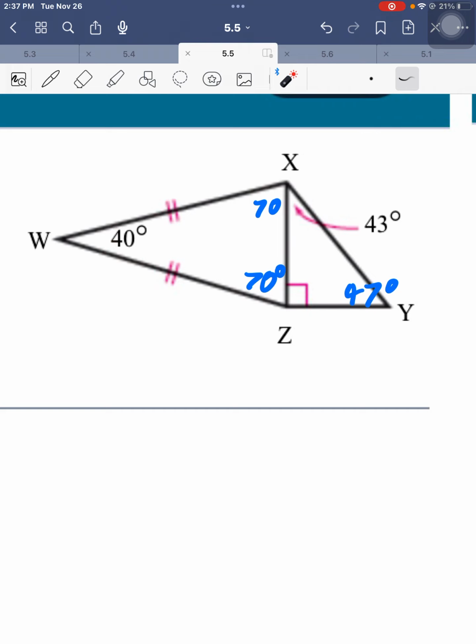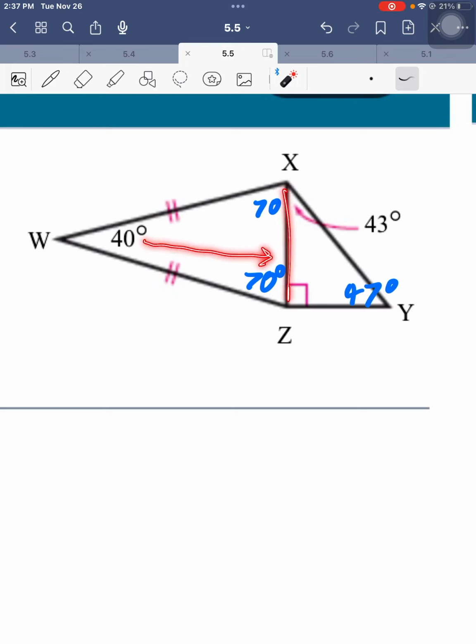So this one is tricky because the shortest angle here is 40. So one would think that XZ is going to be the smallest side. However, remember what I told you guys, that triangles, their angles have a direct proportion. And what a proportion is, it's not an exact number.